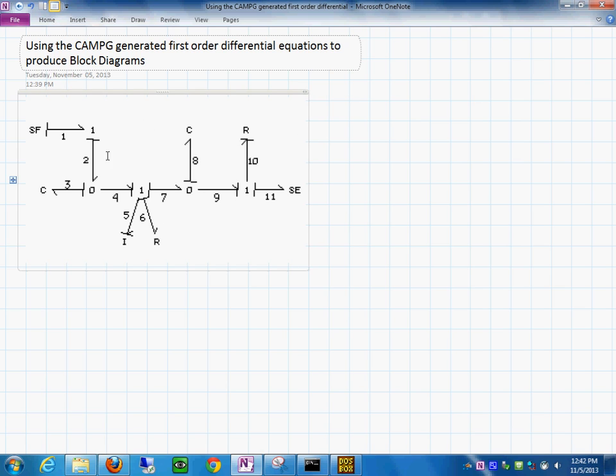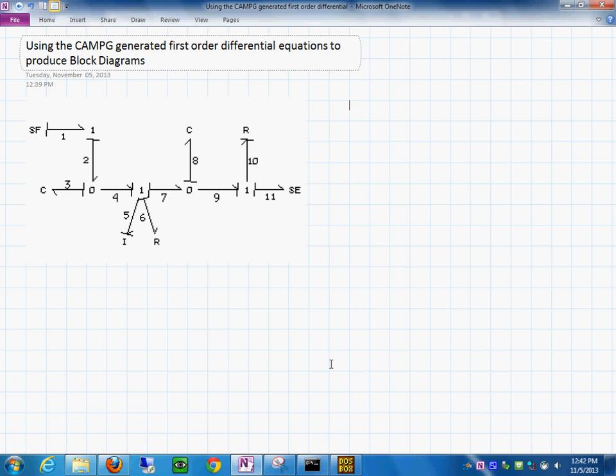What we need to do is, if we have this bond graph in here, all we need to do is enter this into the CAMPG software, and then we will generate those files to MATLAB and generate the state space form, and then using the Cauchy form equations which were used to find the state space form, we will draw a block diagram.